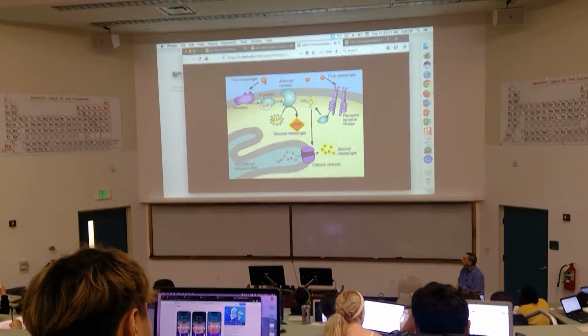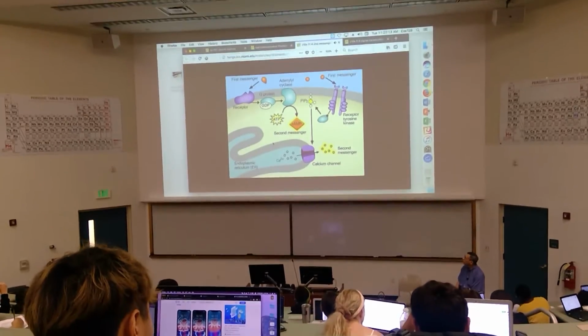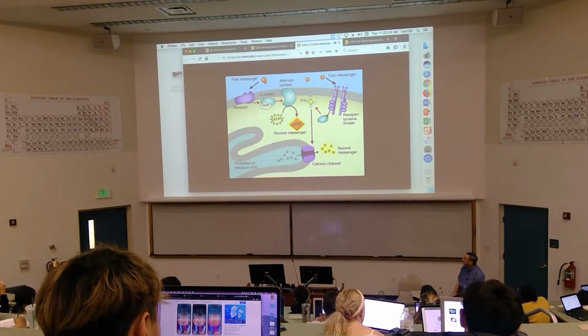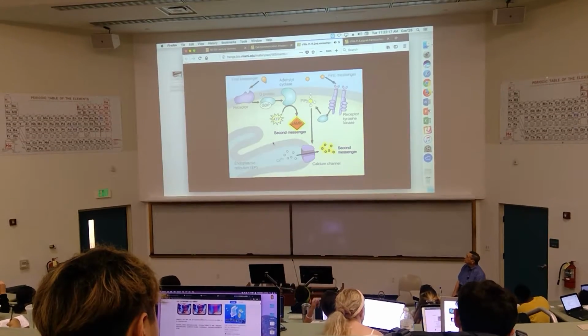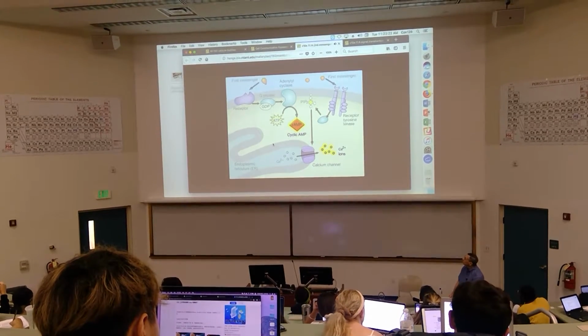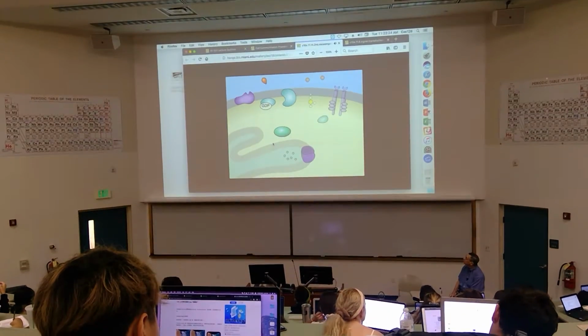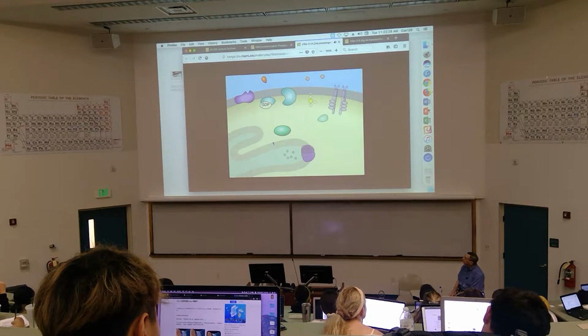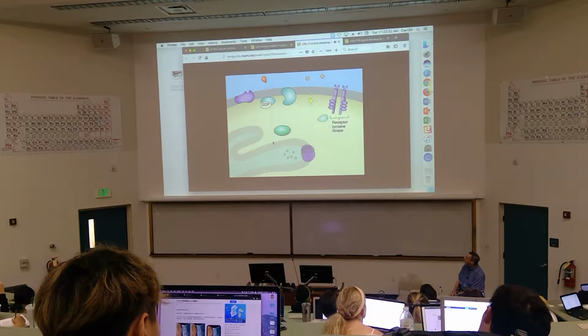Second messengers are small, non-protein molecules that act as intermediaries in signal transmission. Two important second messengers are cyclic AMP and calcium ions. Cyclic AMP acts as a second messenger in pathways initiated by both G protein-linked receptors and receptor tyrosine kinases.